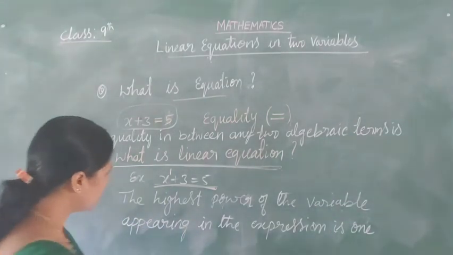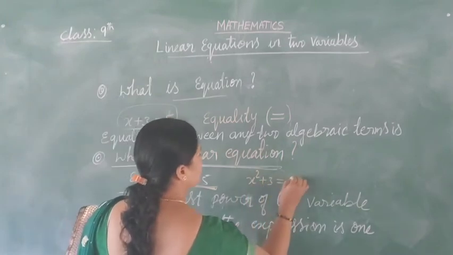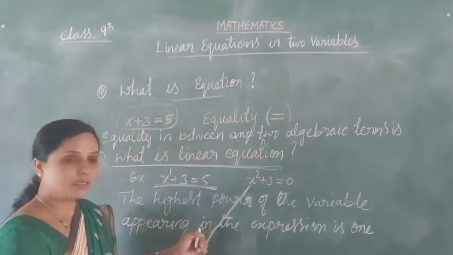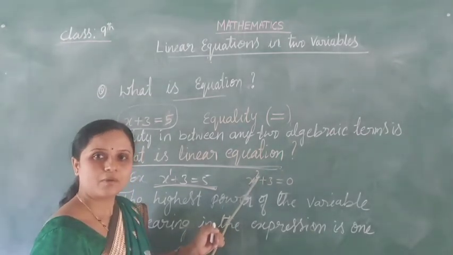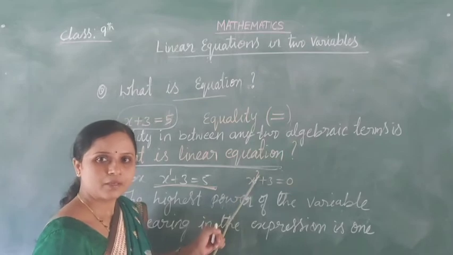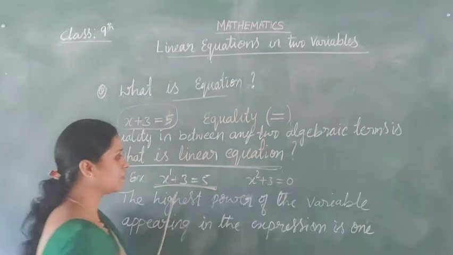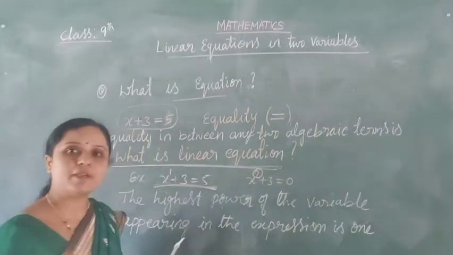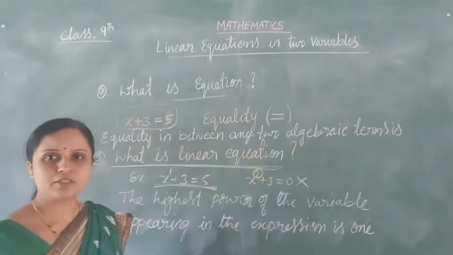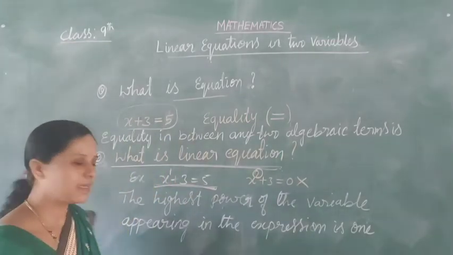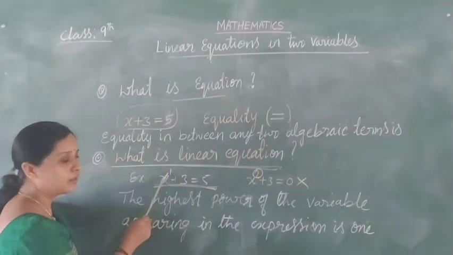So you can take another example here. x square plus 3 equal to 0. In this equation, the highest power of the variable is 2. Is it a linear equation? No, it is not a linear equation because the highest power of the variable is 2. That's why it is not a linear equation. What is a linear equation? The highest power of the variable is 1.